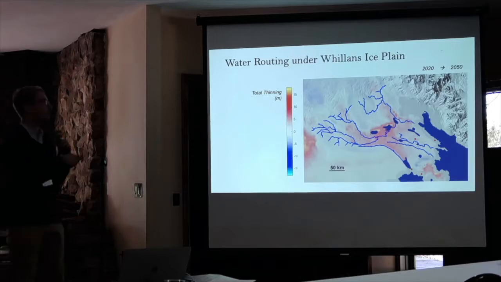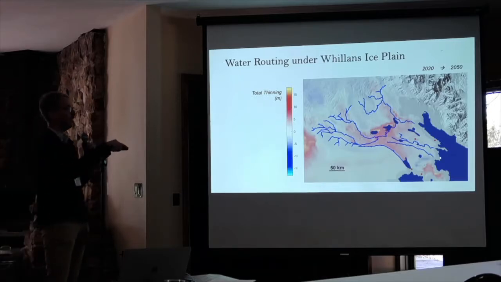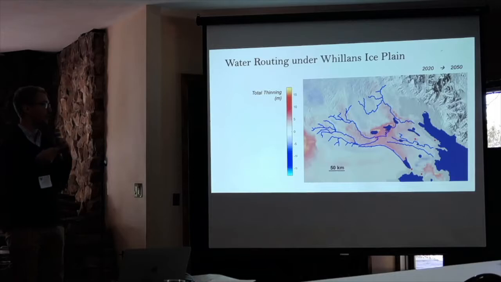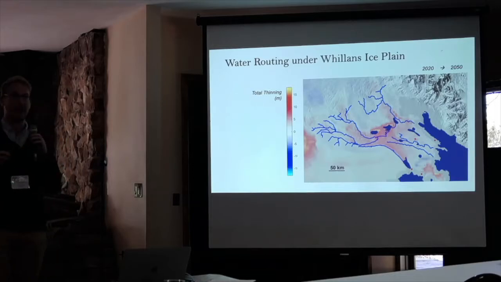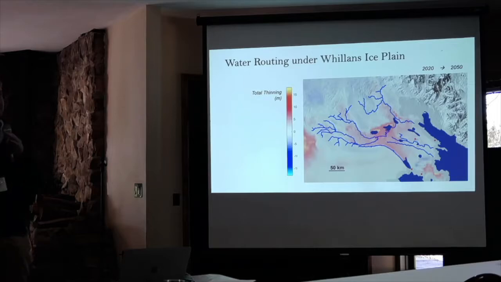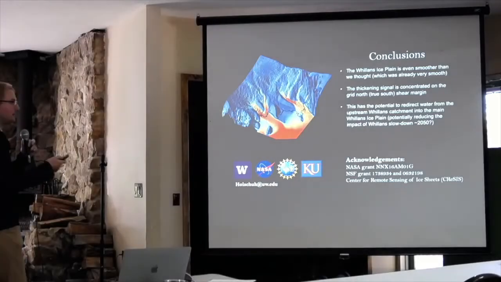And so there's a potential for additional water routing into the stagnating area of Willans about 30 years from now. If you have this kind of thickening pattern continue, that might actually facilitate the acceleration of the Willans Ice Plain. So a few conclusions.